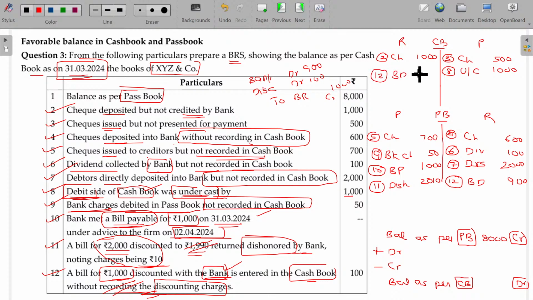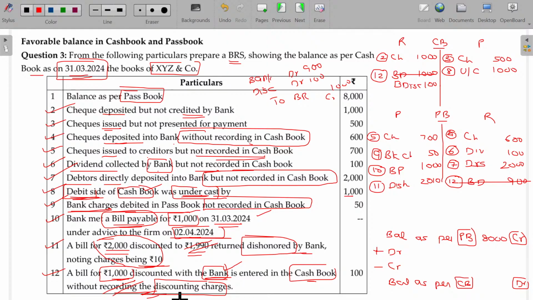Bill discounted rupees 1000. Am I right? So in our receipt side we showed 1000, but in the receipt side of the passbook it is shown as 900 rupees. We forgot to subtract the 100 rupees. The actual amount should be only 900, right? But we have shown this as 1000. That's an error. Now I am neutralizing this. 900 is correct. Only another 100 rupees is the error for bill discounted. Is that clear? Hope now you'll be able to understand the logic.